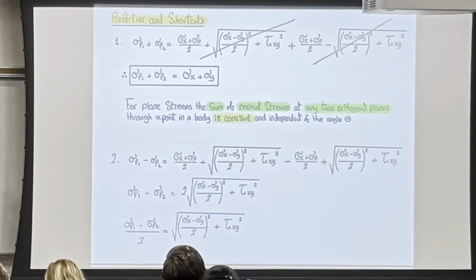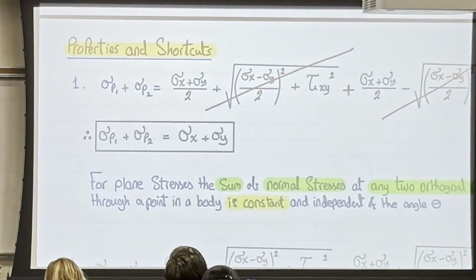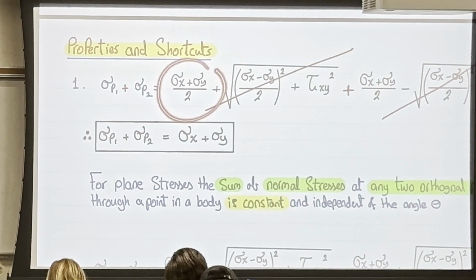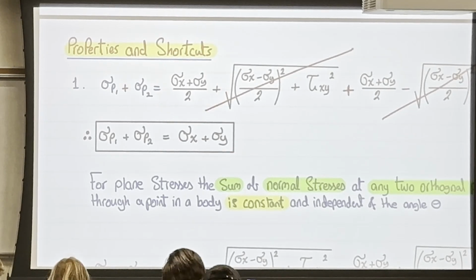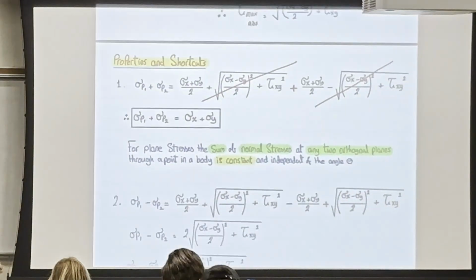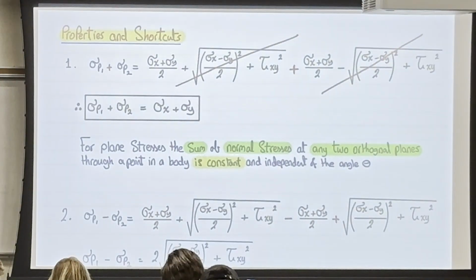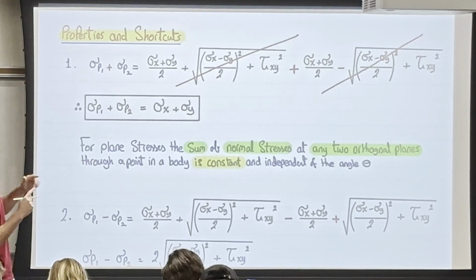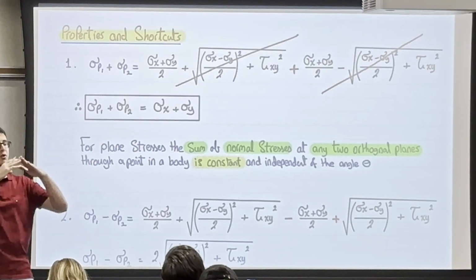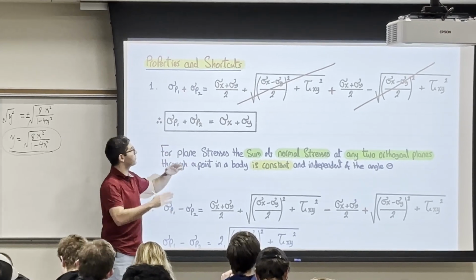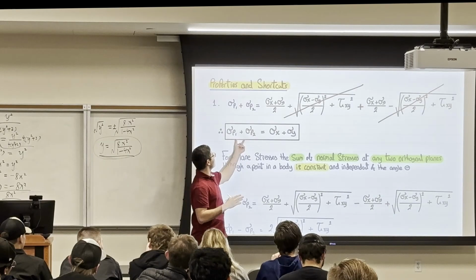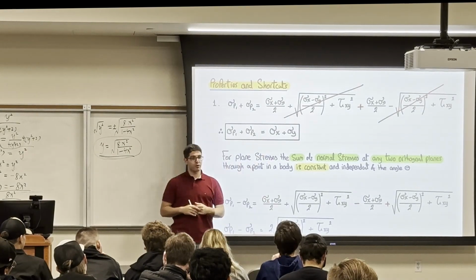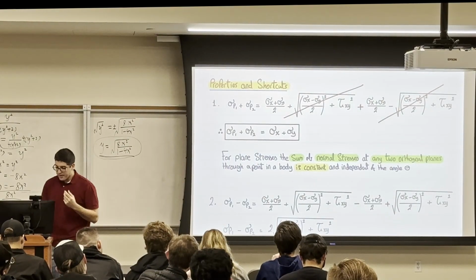Sigma x plus y here, when you add half sigma x plus y plus half sigma x plus y, you're going to end up with sigma x plus y. And here's an important conclusion: for plane stress, the sum of normal stresses at any two orthogonal planes, like sigma p1 and sigma p2, they are orthogonal. X and y, they are orthogonal. The sum of them is constant and independent of the angle.